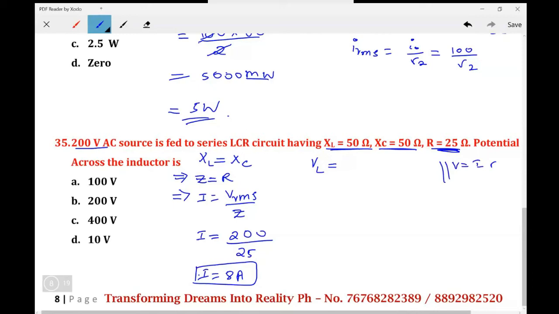Similarly here, since there is an inductor, the voltage across the inductor is equal to I into XL. What is I? 8 into what is XL? 50. So 8 5s are 40. So therefore you'll get 400 volts.